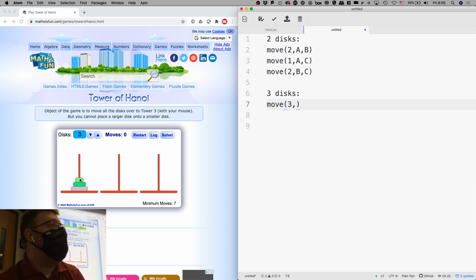Okay, so what's the idea here? In order to solve the 3-disk problem, we need to move the top 2 from A to B to get them out of the way.